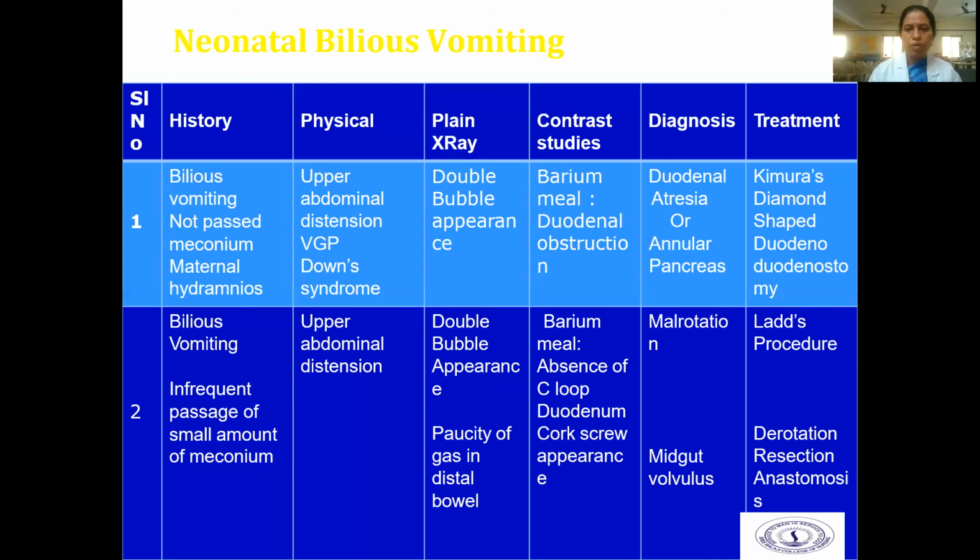So this is all about the different history collection, physical findings, the X-ray findings, contrast studies, and the confirmatory diagnosis, and the appropriate treatment done to neonates to rescue the child when the child is having neonatal bilious vomiting, abdominal distension, lack of passing meconium, and worsening conditions where the vital signs are not stable, the child's condition is further deteriorating, and the blood sample results are not stable, not appropriate to the gestation, and normal levels are not met.